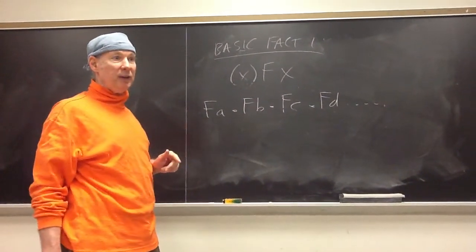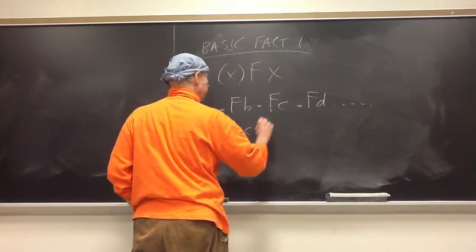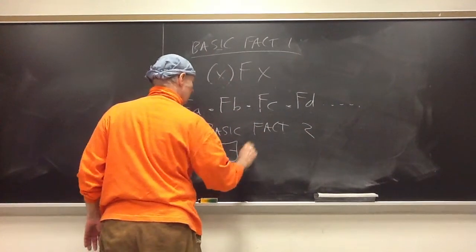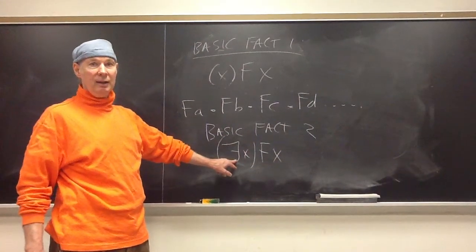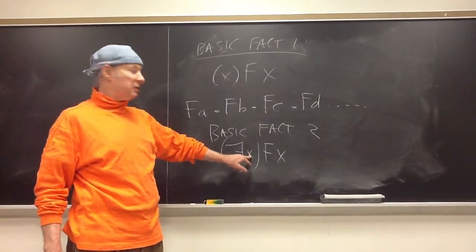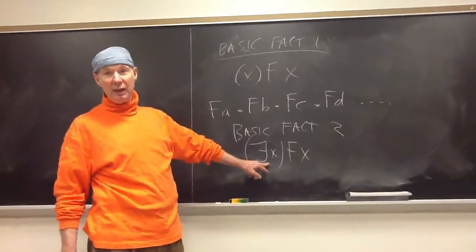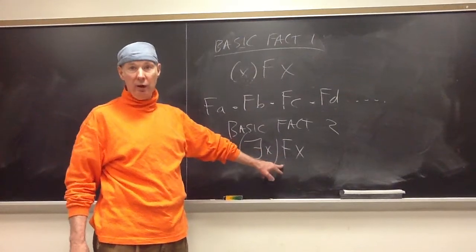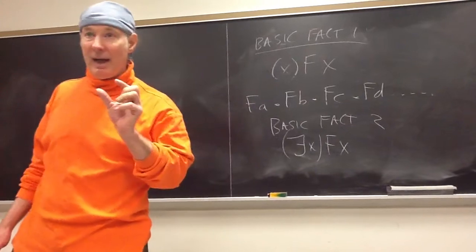The second basic fact is about the existential quantifier. Remember, this says something in the domain X, something in the universe X, is such that it has F. Do you know what object it is or what objects there are that have F? No. All you know when this is true is that something has it.